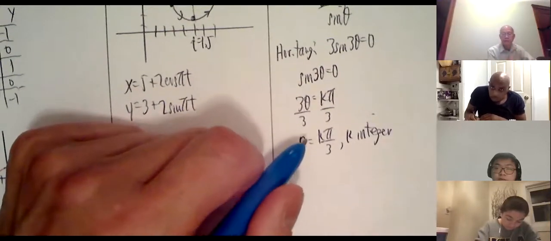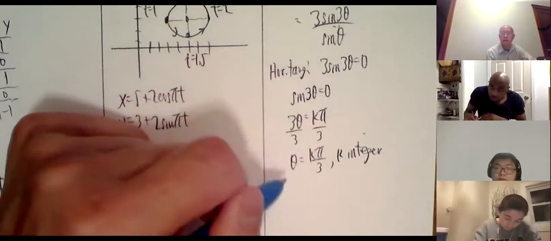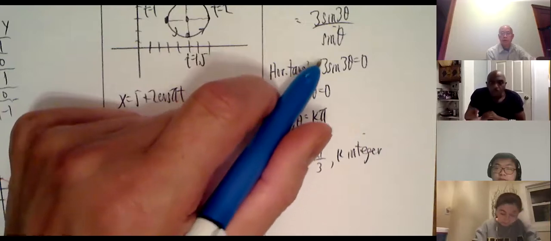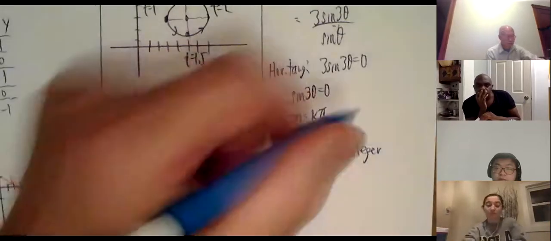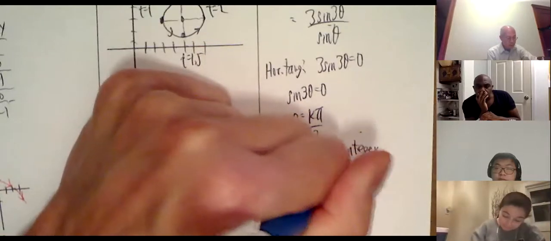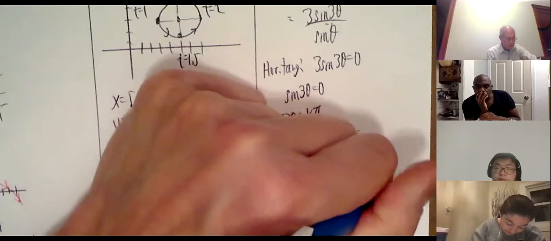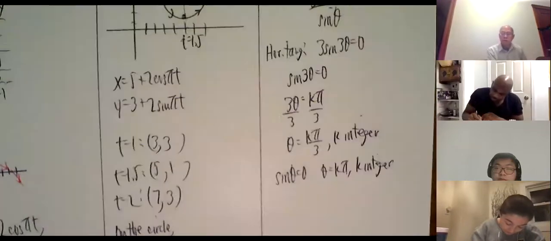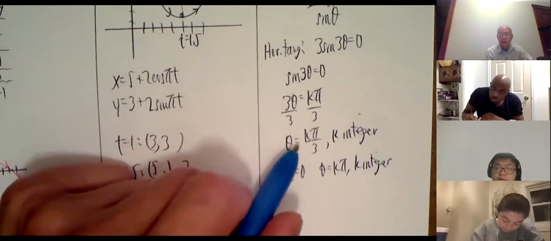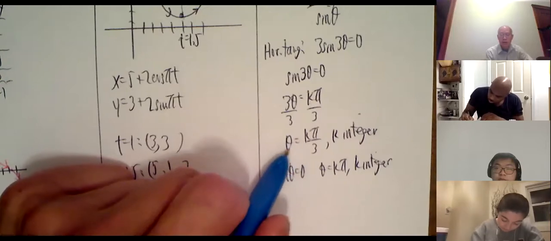Okay, but we have to watch out for points where the denominator is also 0. So I might as well do sine of theta equals 0. Theta is equal to k pi, where k is an integer. So that means I don't want k to be 0, 3, 6, 9, and so on.